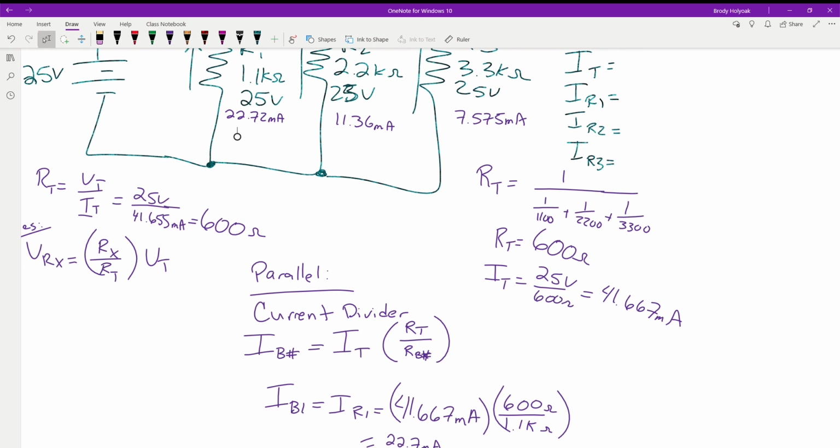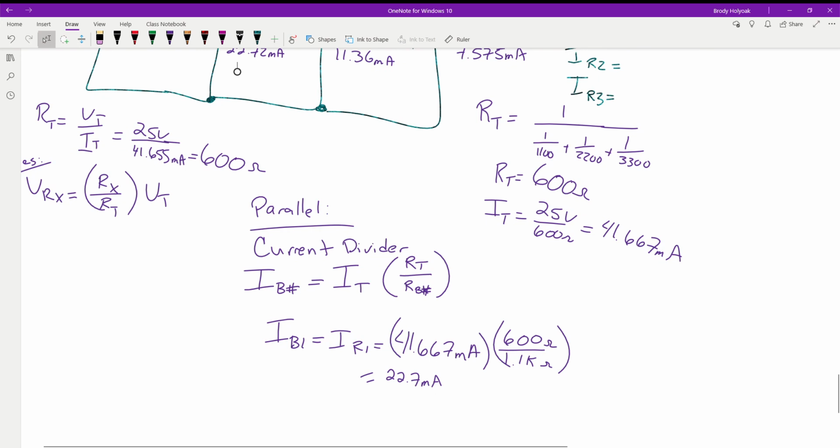So either way we can get to this. We can go through multiple directions of attack on this. The biggest thing I wanted to show is we have these tools that we can use to solve for these.